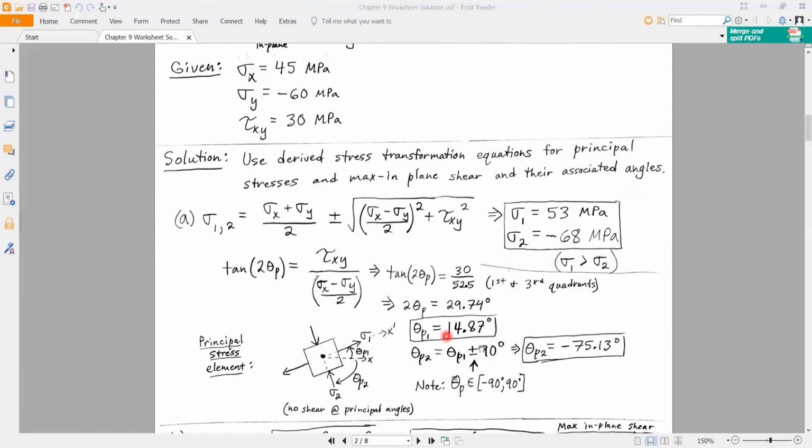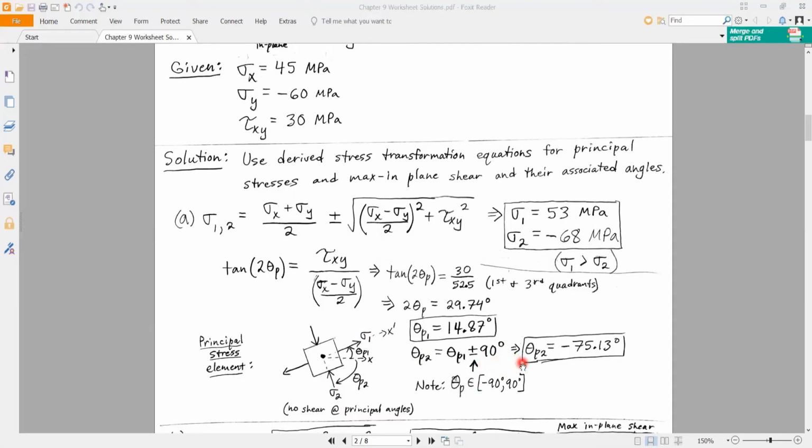We know that this is theta P1 because we can plug this into our stress transformation equation, and when we do that, we're going to get 53 megapascals. Then our theta P2 is either going to be plus or minus 90 degrees from that, because we know that that's our angle from the x to our y-axis, or from our x prime to our x double prime axis, as some places refer to it.